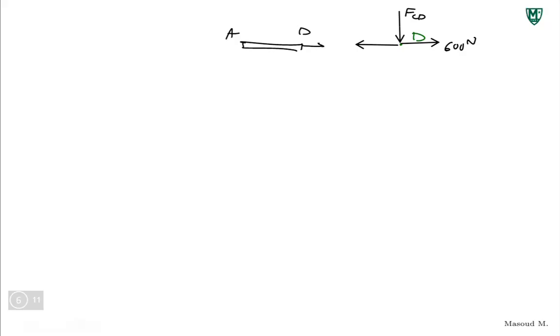It's under tension, so this is the force. Now, at the joint D, we have to put the force with the same magnitude, opposite direction, if it's under tension. So that would be my FAD or FDA. Hopefully that makes sense. Always think about the member, see if it's under tension or compression, flip that force, and put it on that joint connecting that member.